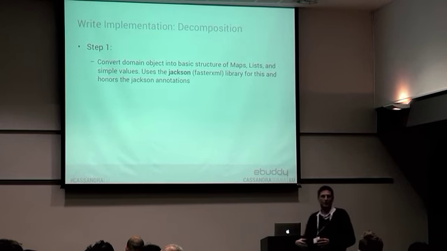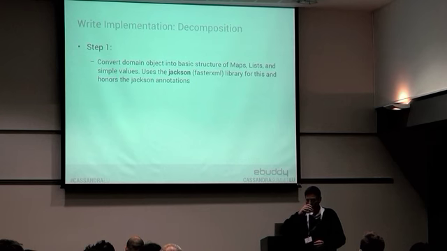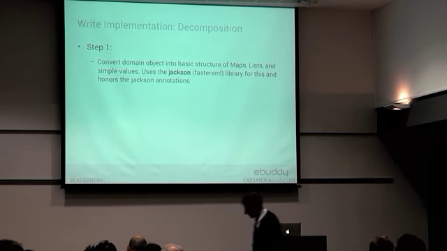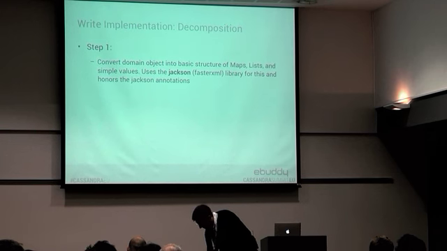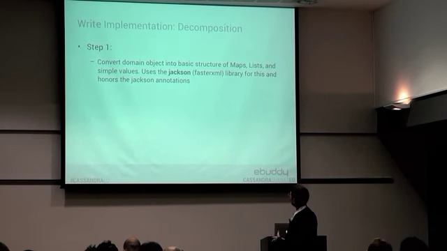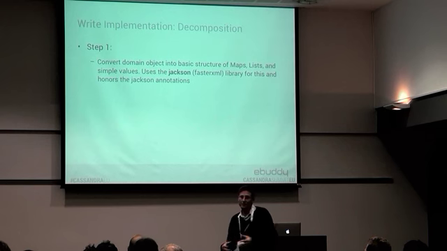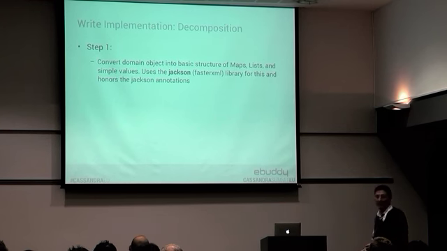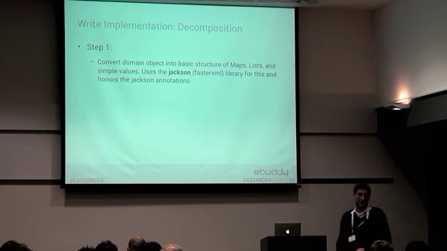So now let's look a little bit at the implementation. To decompose a structured object, the first thing it does is convert that domain object into a basic structure of maps, lists, and simple values like strings, booleans, and numbers. To do this, it uses the Jackson library.